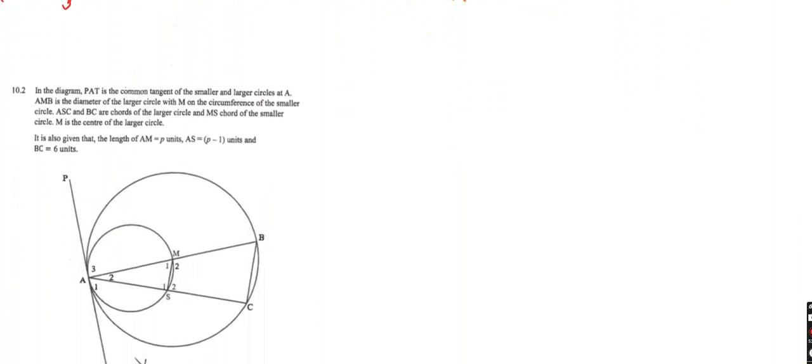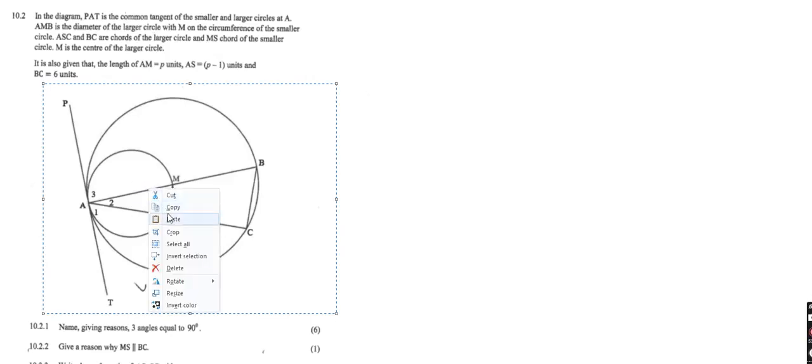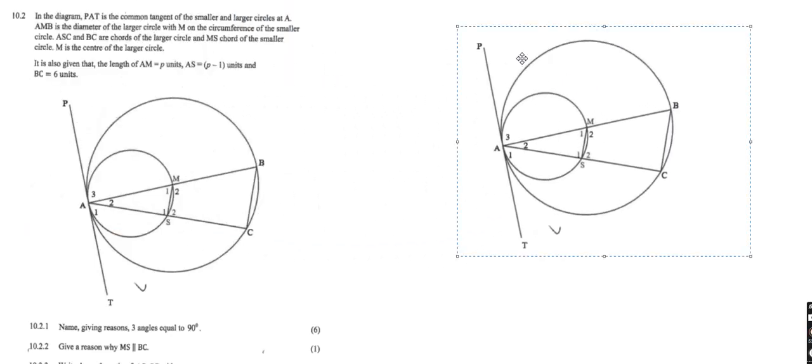We can move on to this last one. Looks like a little bit of a complicated diagram, so I'm going to just take a copy of it. So they say in the diagram, PAT is a common tangent of the smaller and the larger circle.